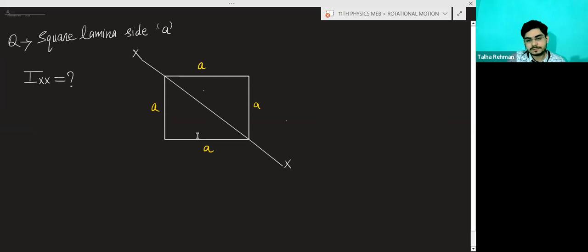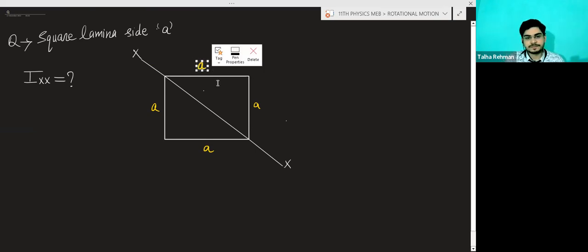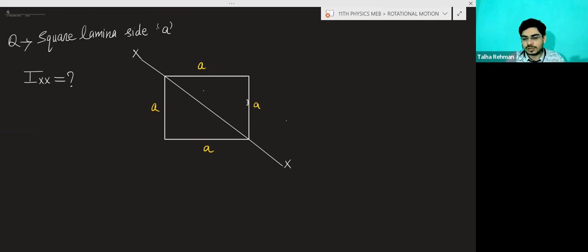This is a square. We know that a square has all sides of the same length. What is the meaning of same sides? The length of all the sides is the same.